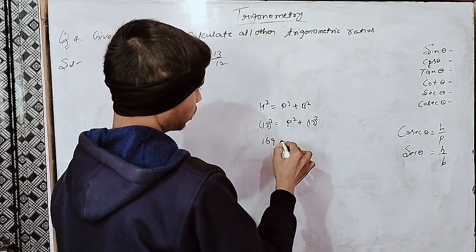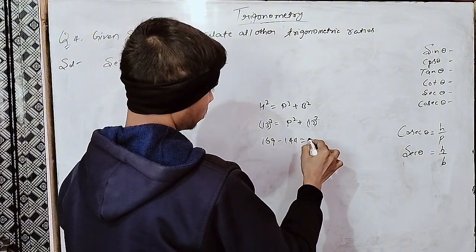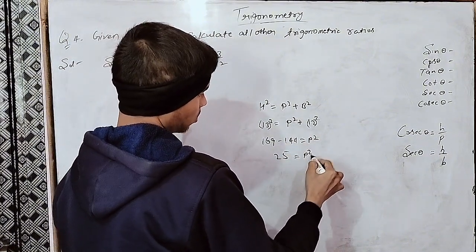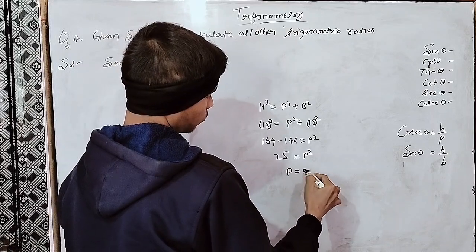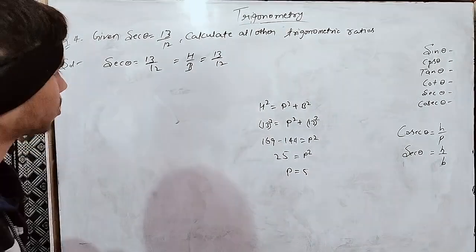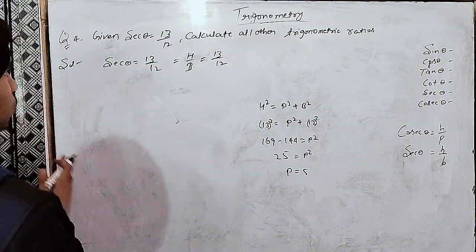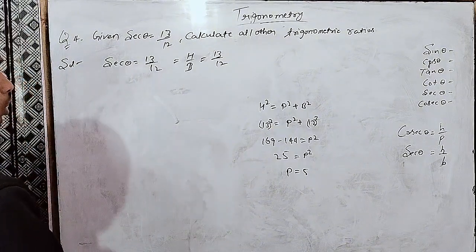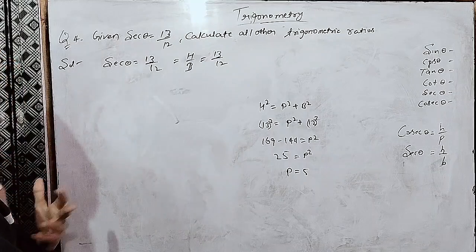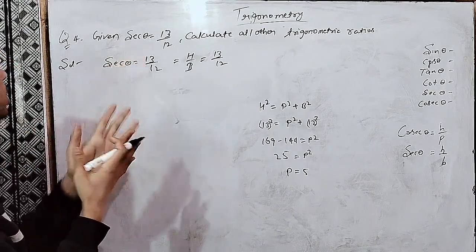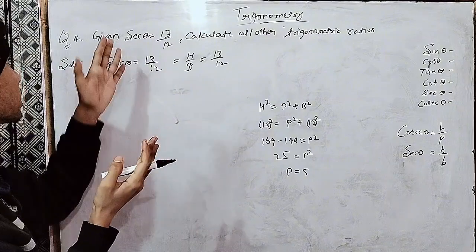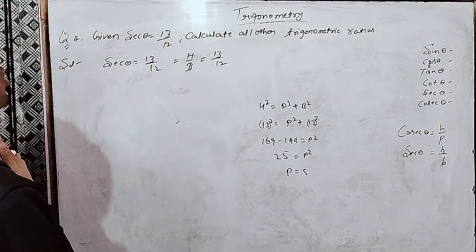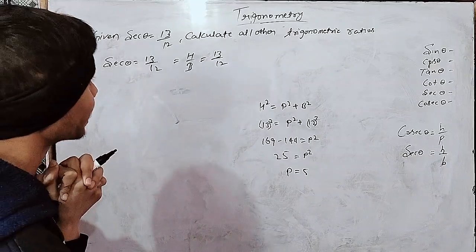So here 169, 145, how much? 5. So here already we have the value of secant. The question is saying calculate all other trigonometric ratios except this one.